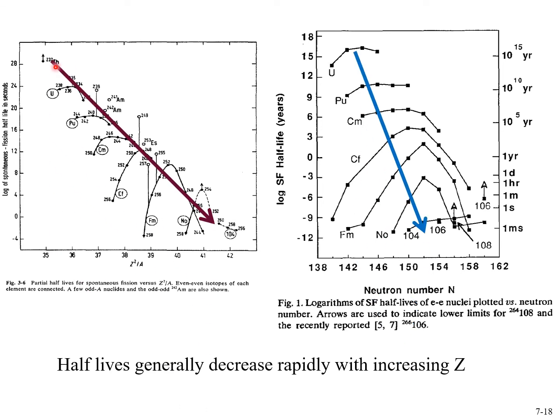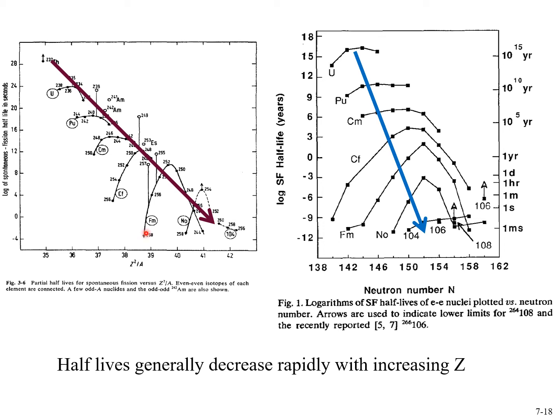Here, as we go from thorium, uranium, plutonium, curium, californium on to element 104, we're plotting the half-life versus Z squared over A. We see that as we go higher in atomic number, heavier in mass, we tend to see a general trend.